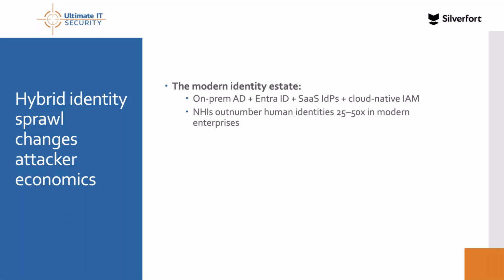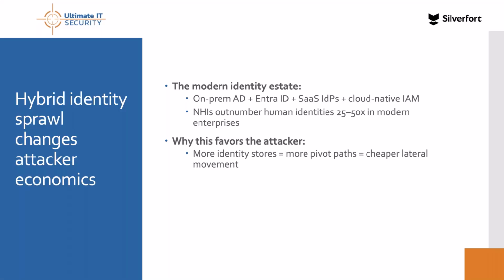And you've got all of these aspects that make up the identity for your organization here. And then the attacker gets to take advantage of this. The whole idea here is, are we hurting the attacker by making it difficult, by creating that friction I talked about earlier? Or are we just helping them by making it easy? Think of it this way: more stores, more pivot paths, and cheaper lateral movement, meaning it's easier for them.